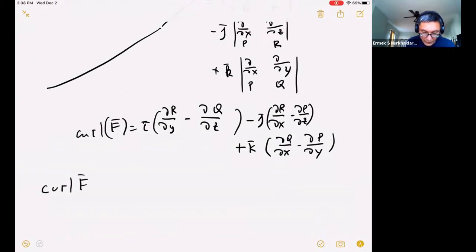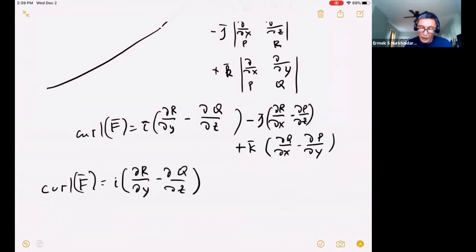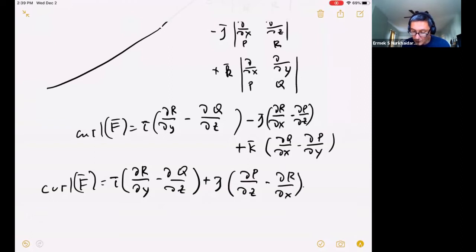I'll write it the same way as the book says. i, partial derivative of R with respect to y minus partial derivative of Q with respect to z. In the book, they brought that minus inside. So plus j, partial derivative of P with respect to z minus partial derivative of R with respect to x, plus k, partial derivative of Q with respect to x minus partial derivative of P with respect to y.